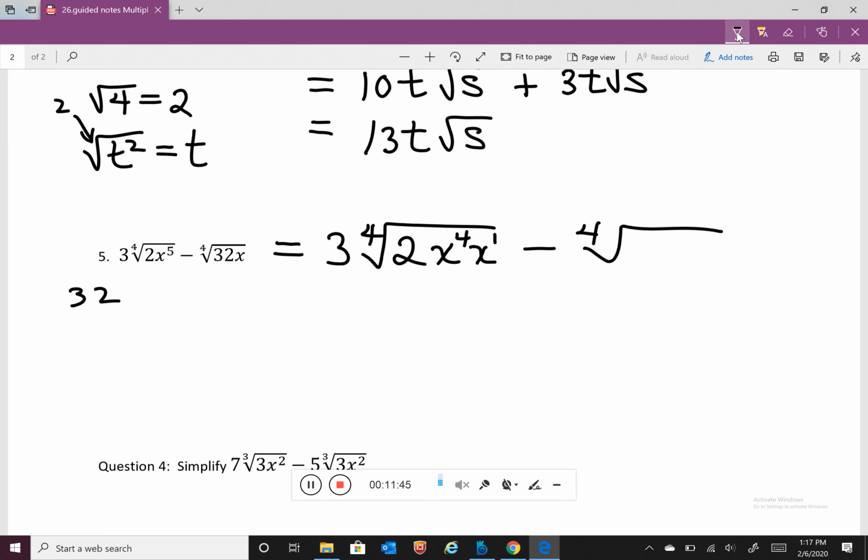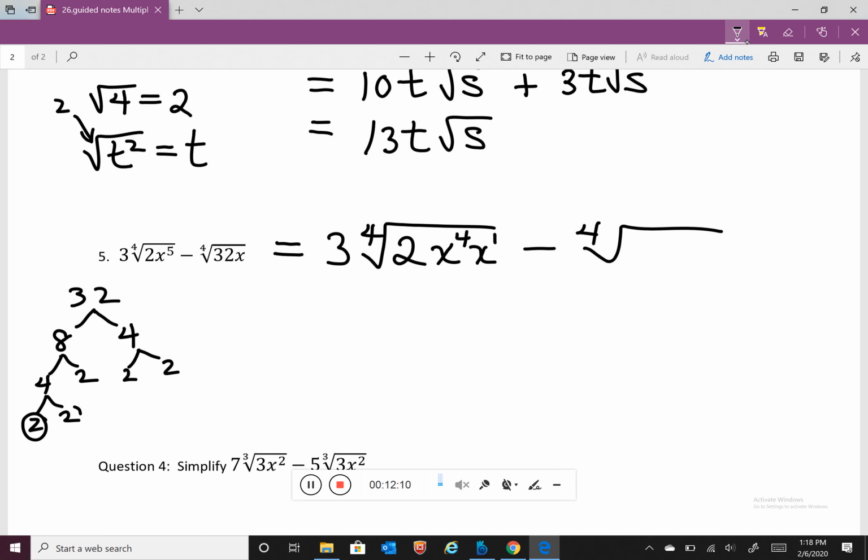is not prime. So if we start tearing this apart, it is equal to 8 and 4. 8 is equal to 4 and 2. 4 is equal to 2 times 2. Again, 4 is equal to 2 times 2. Now remember, we're looking at 4th root, so we're looking to find 4 things that are exactly the same.